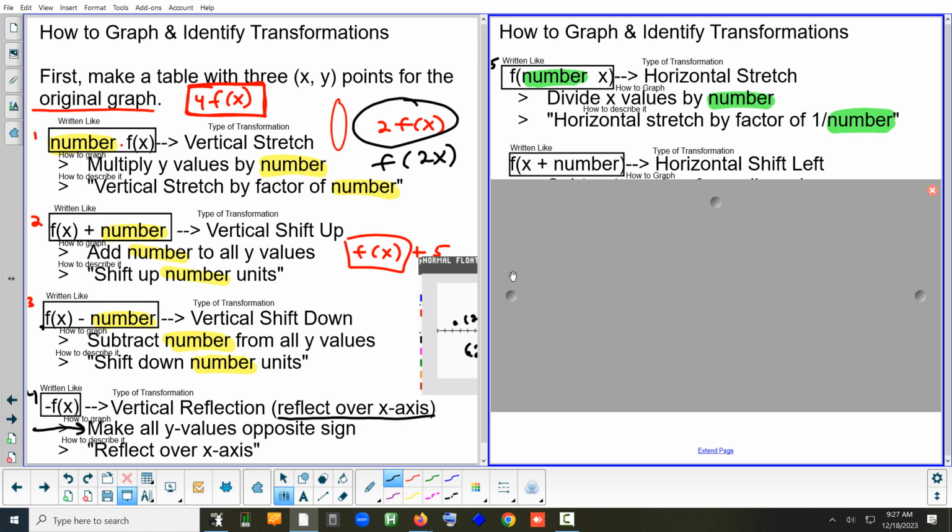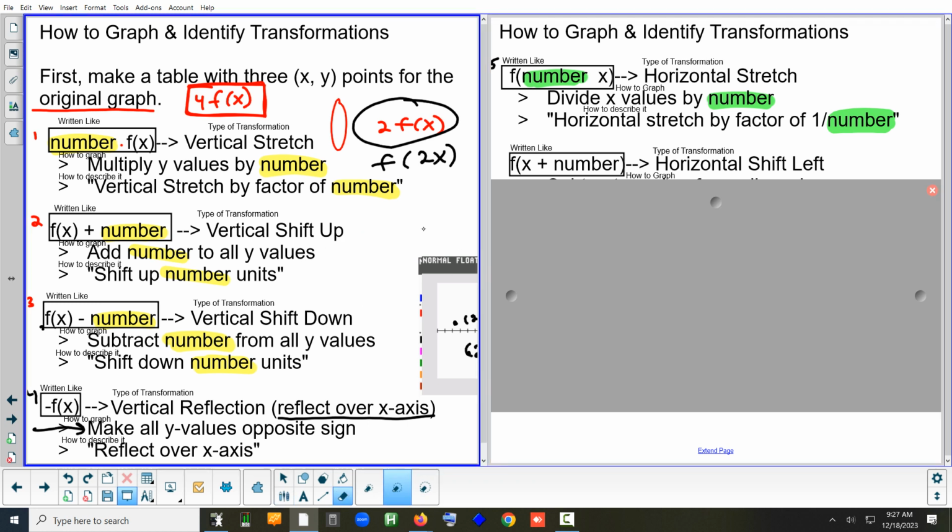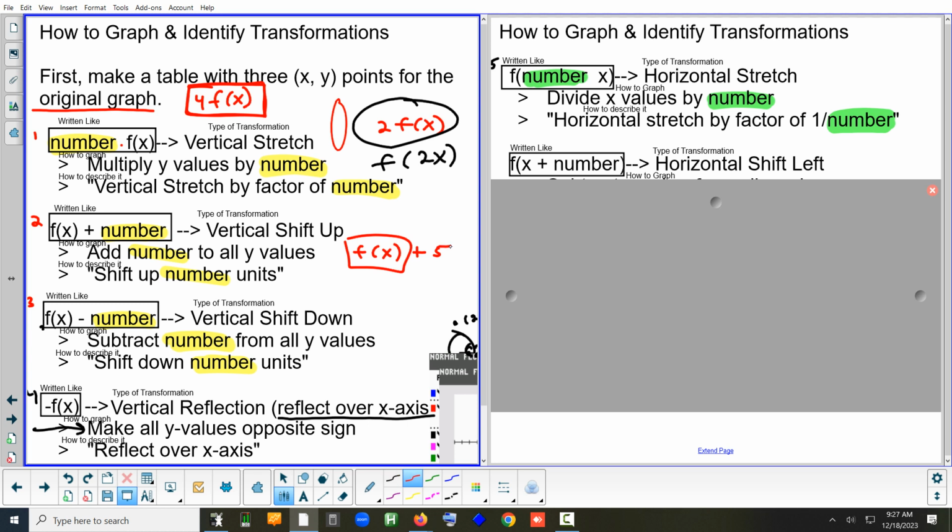So if you have a problem that's x plus a number, okay. In this one in red that I'm pointing to, is the number inside or outside the parentheses?